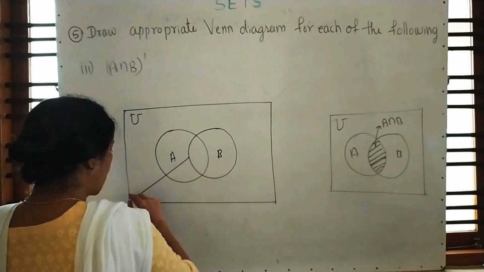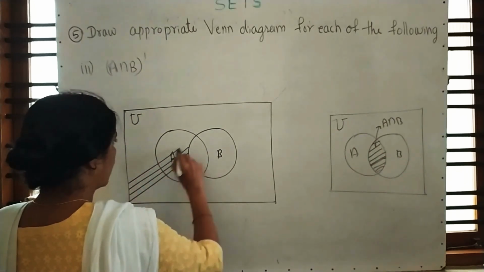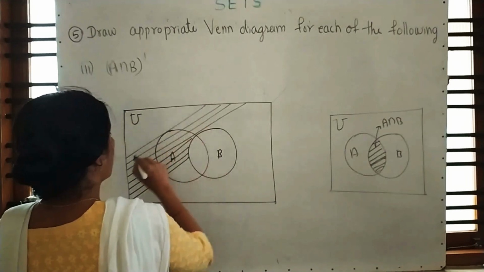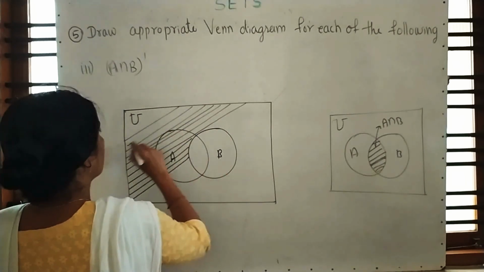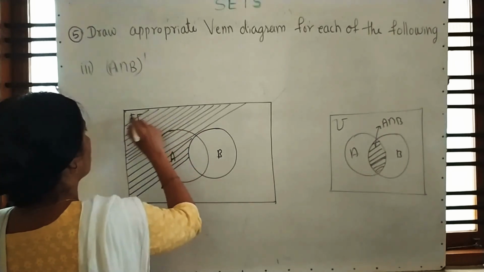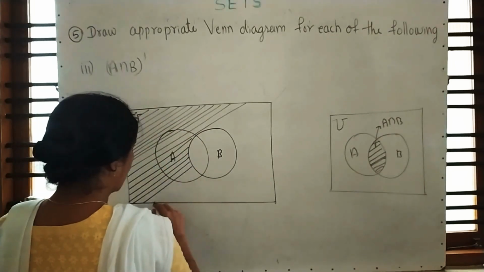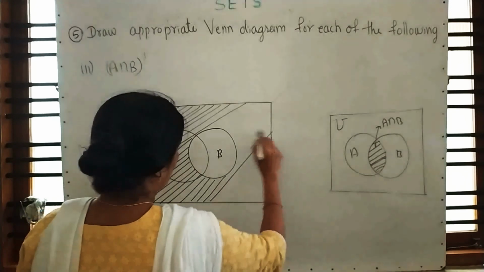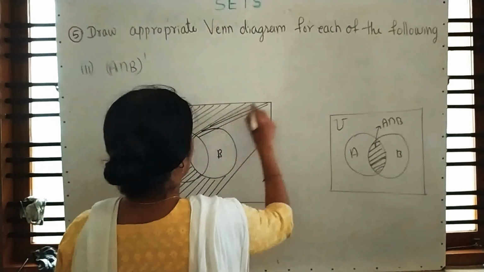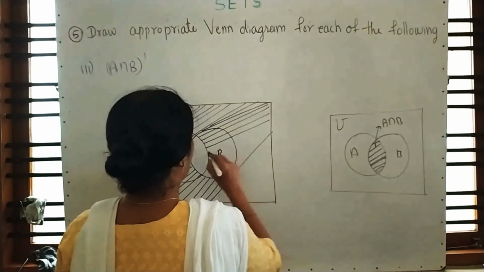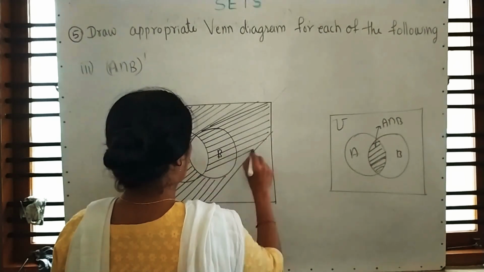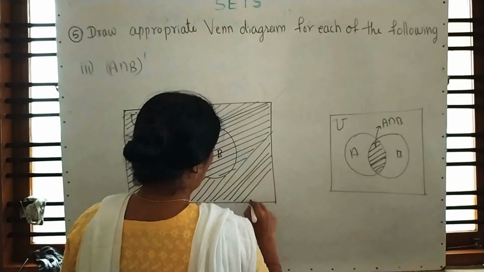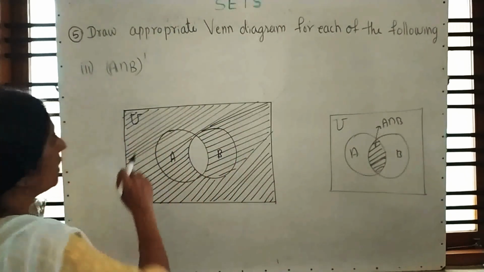See students, mark till here, all the way including the universal set. Whatever I did the marking, that whole part is A intersection B complement.